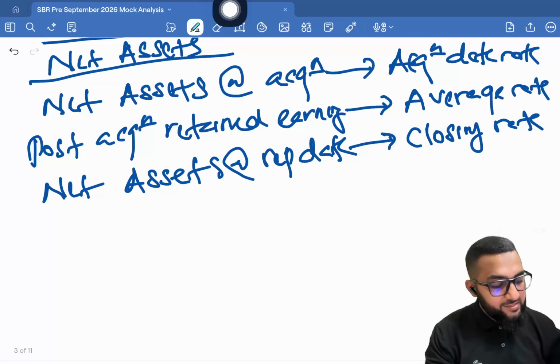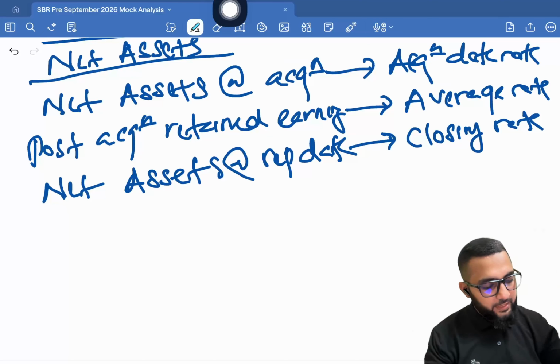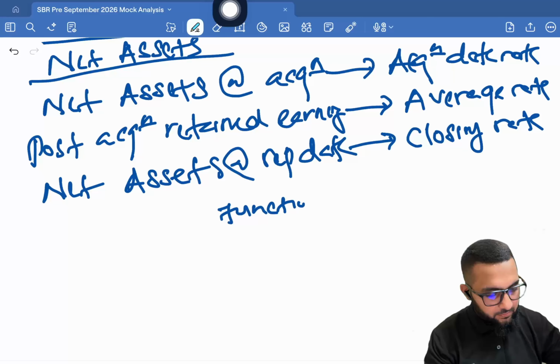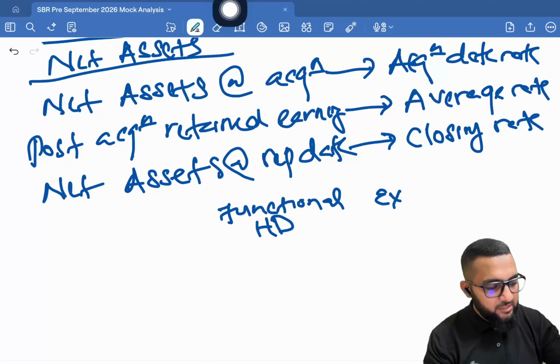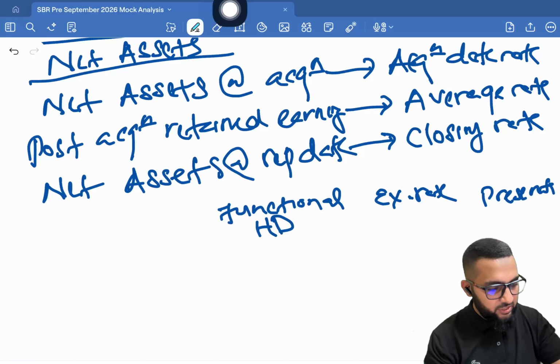As I always suggest, use a 3-column structure: the functional currency, which is the HEM dollar, then the exchange rate, then the amount translated into the presentation currency, which is dollar.